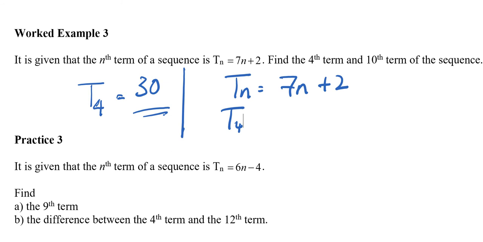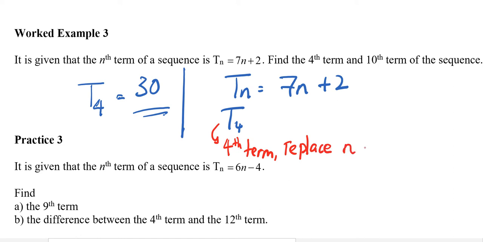Let me write out in red. T4 means I want to find the fourth term. But more importantly, I am going to replace the n with what number?